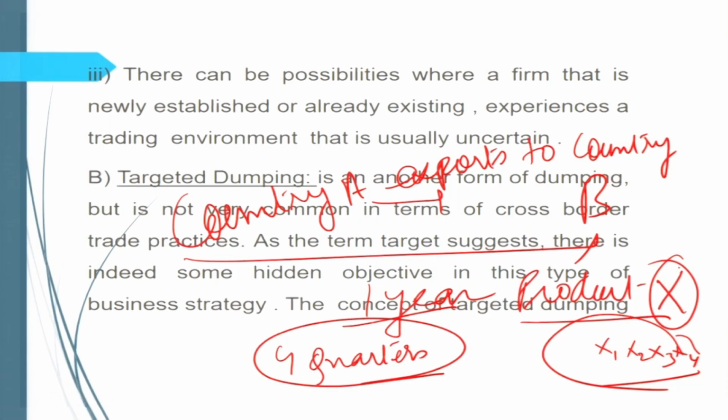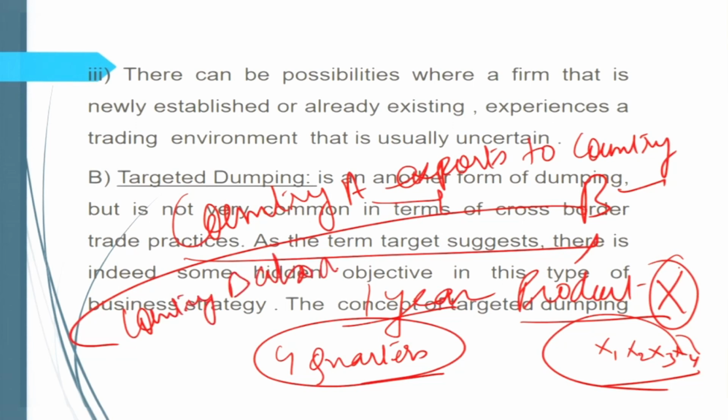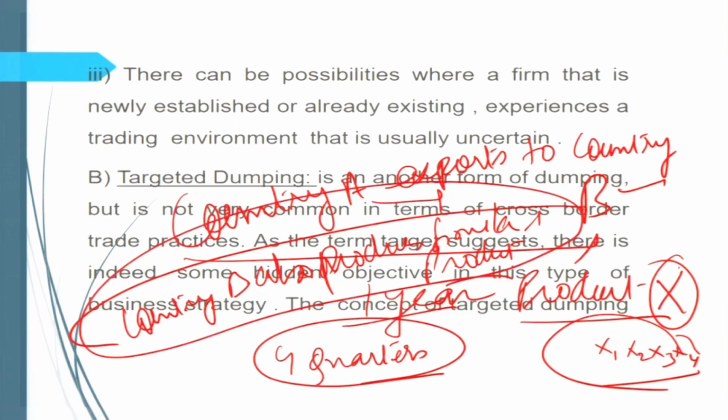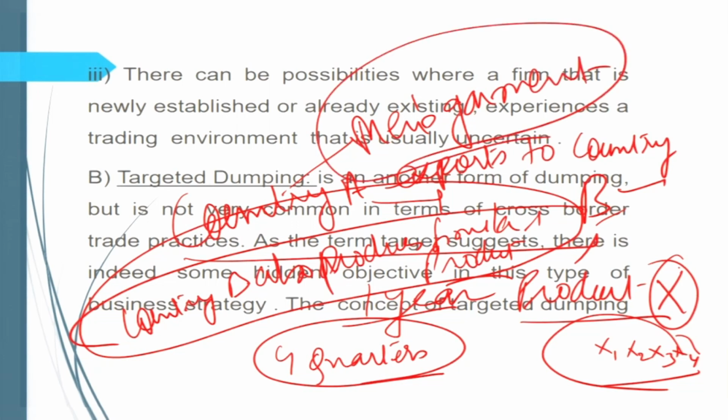Now, in this case, the similar product is also being produced by country B. Let us take the example that country A is exporting to country B any kind of clothes, men's garments. Men's garments are being manufactured by country A and also by country B, cotton garments.